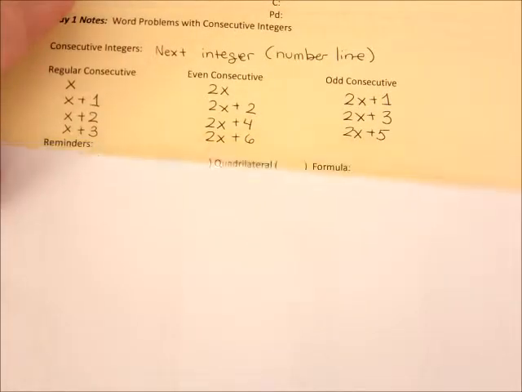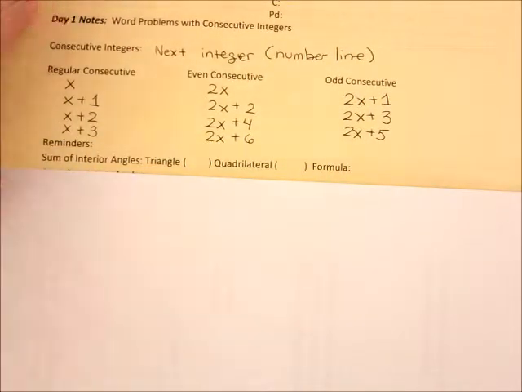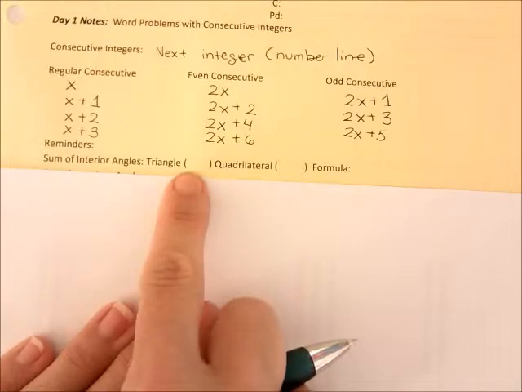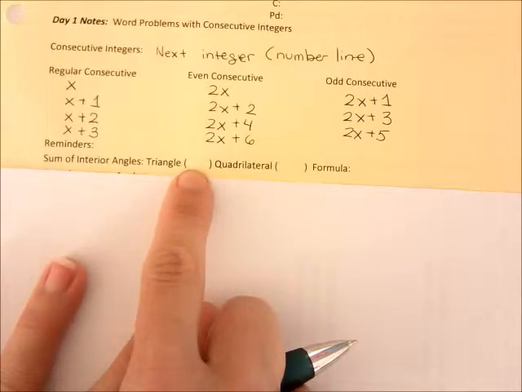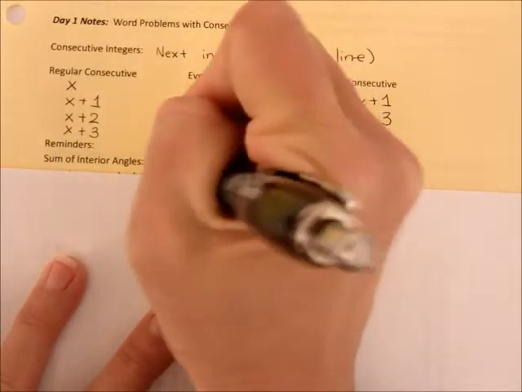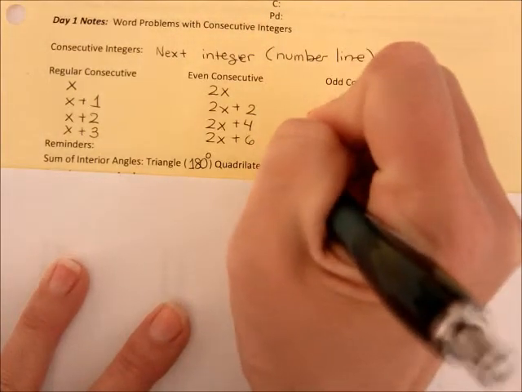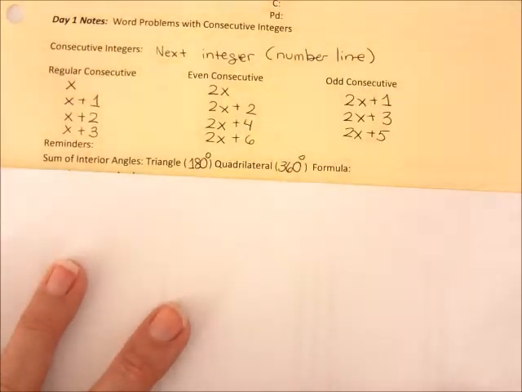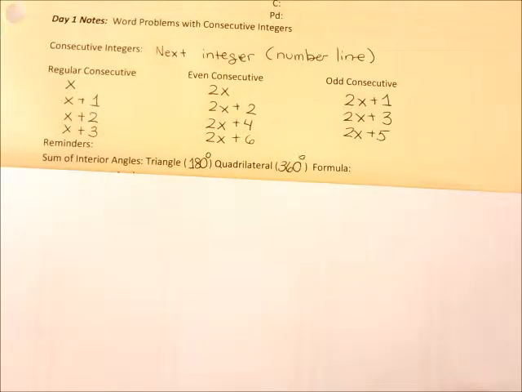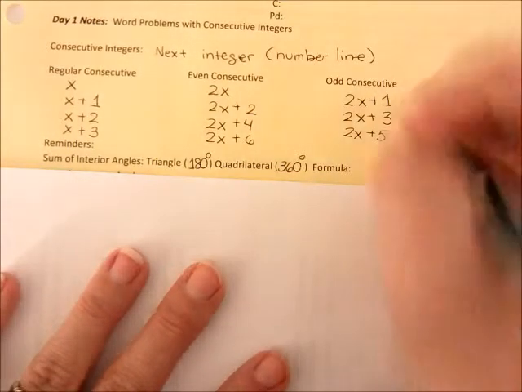Other things we need to remind ourselves. Sum of the interior angles of a triangle is how many degrees? 180. Good. Quadrilateral, think a rectangle or a square. 360. Do we remember that formula? Perfect.